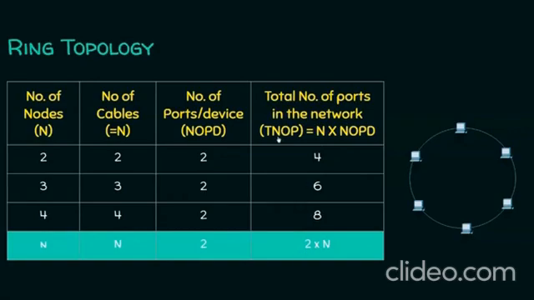So I have given a formula. Total number of ports is equal to number of nodes into number of ports per device. As far as ring topology is concerned, the number of ports per device will always be 2 only.